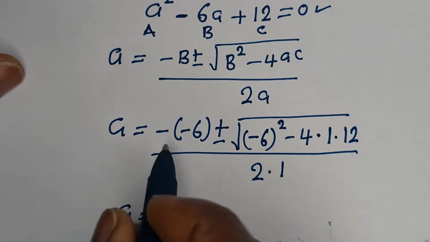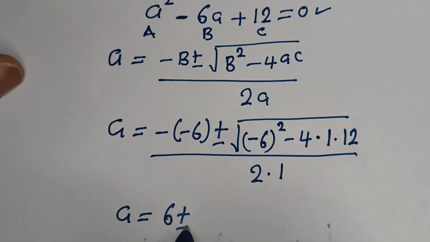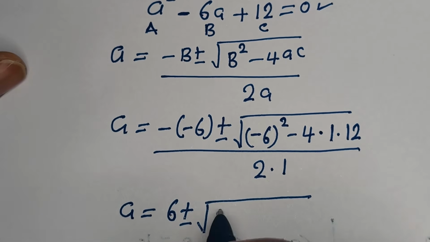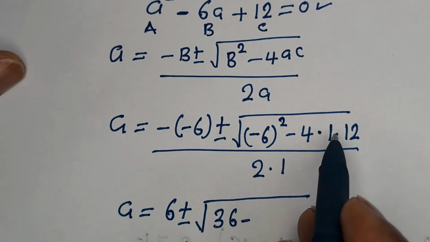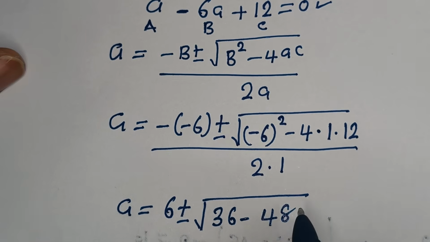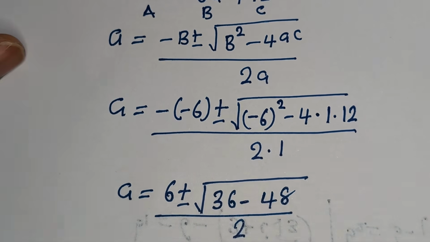A is equal to negative multiplied by negative 6, this is 6 plus or minus square root of negative 6 squared, that is 36, minus negative 4 multiplied by 1 multiplied by 12, that is 48, over 2 multiplied by 1, 2.